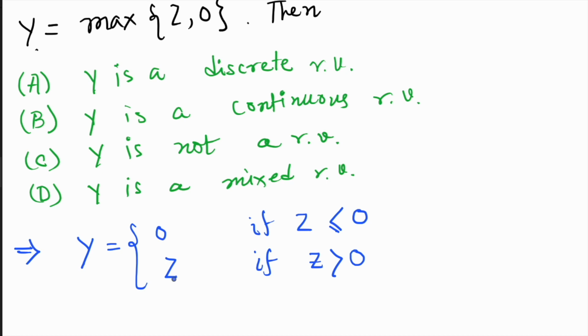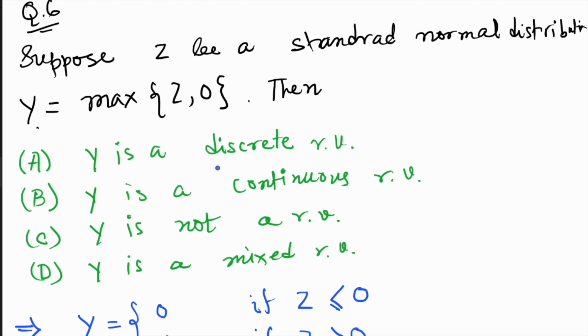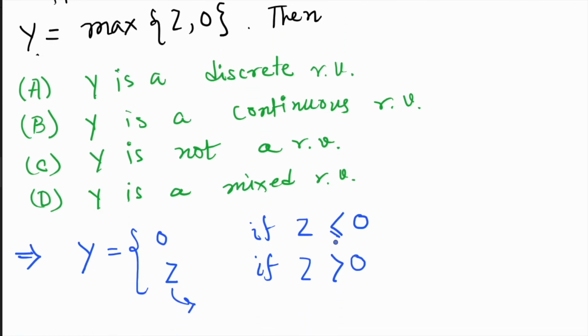If Z becomes negative, then 0 will always be the maximum among Z and 0, and if Z is greater than 0, that means this. In this region, if Z is greater than 0, Y will follow the same standard normal distribution, but if Z is less than 0, the probability is 0.